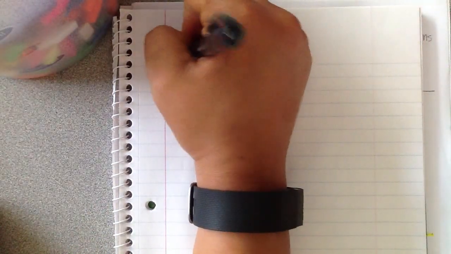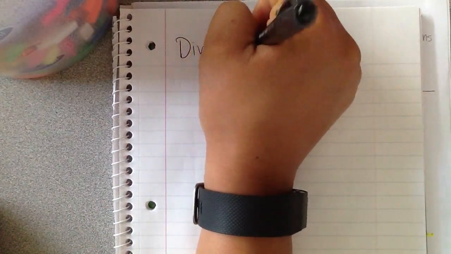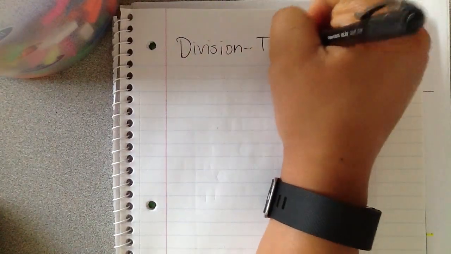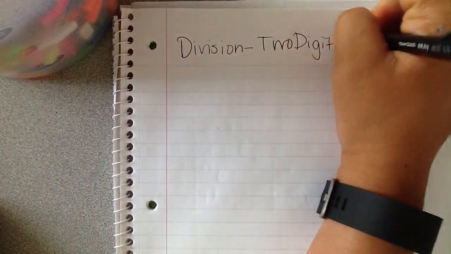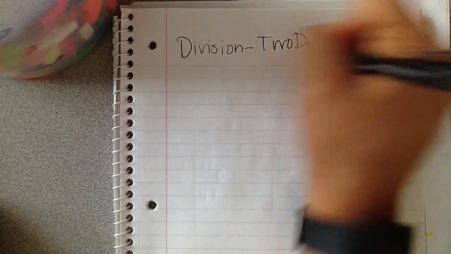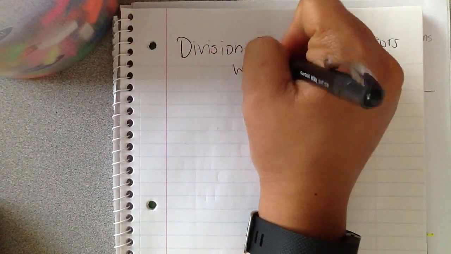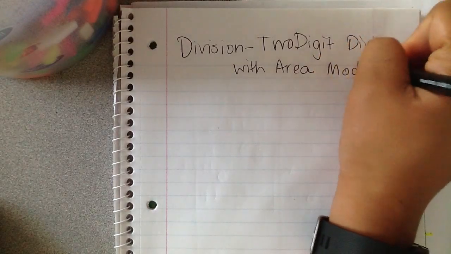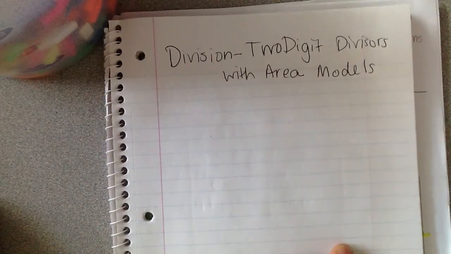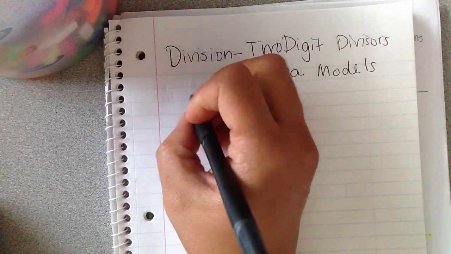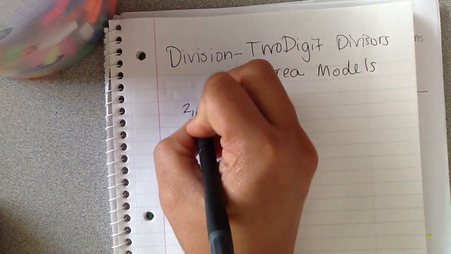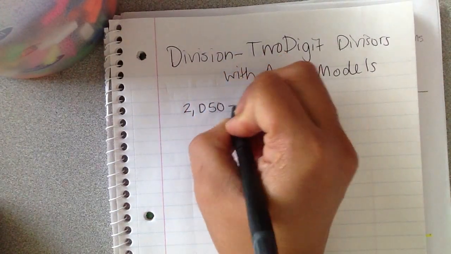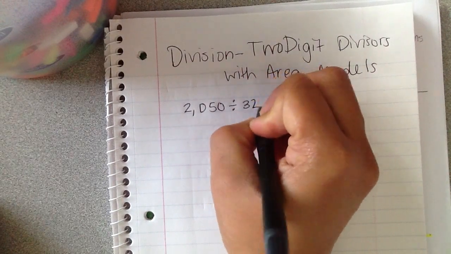So division, two-digit divisors with area models. Okay, today we're going to look at the problem 2050 divided by 32.